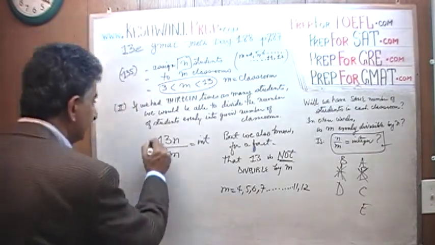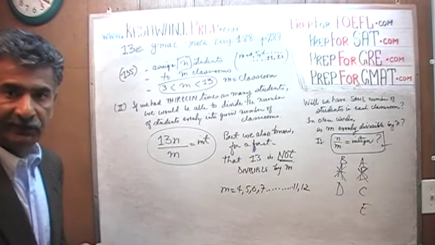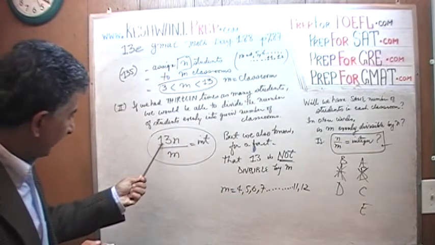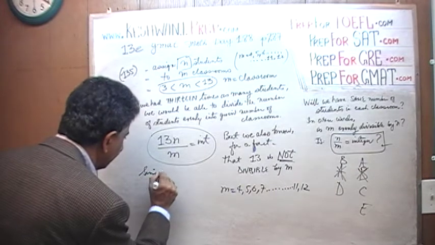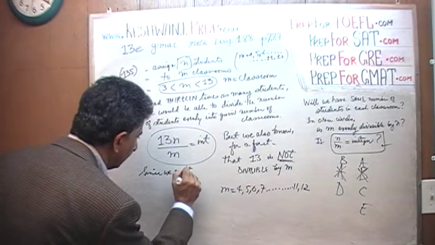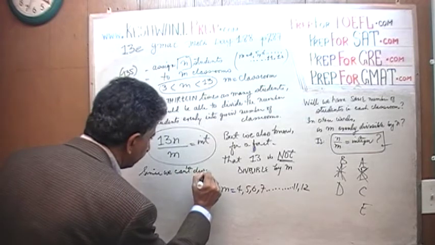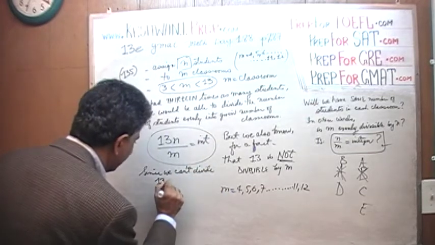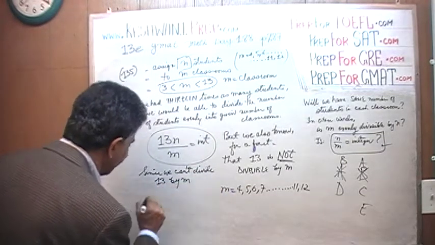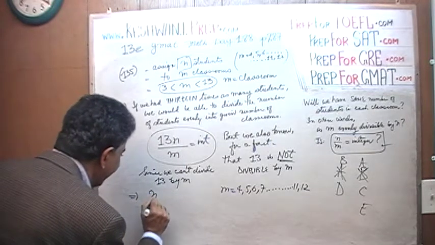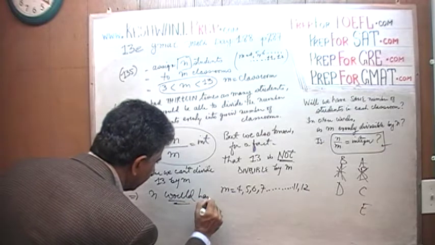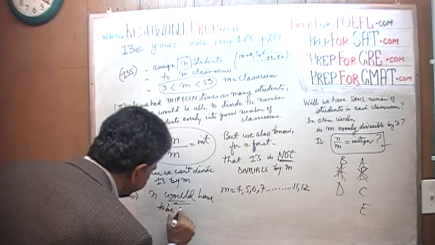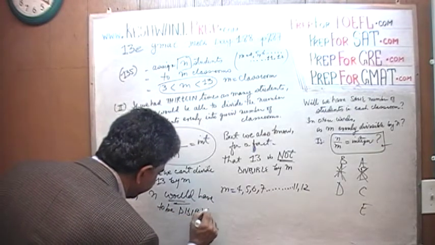And yet we know that this is an integer. What does it tell us? Since we cannot divide 13 by m, that tells us that n would have to be divisible by m.